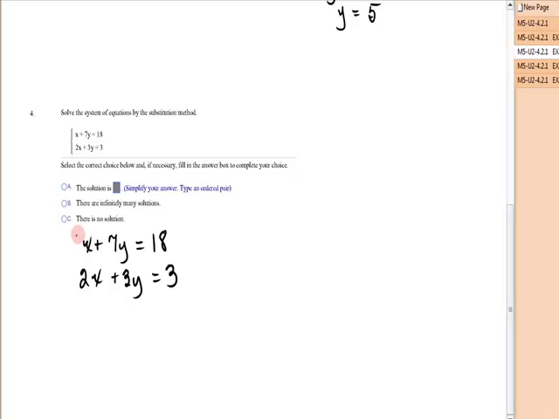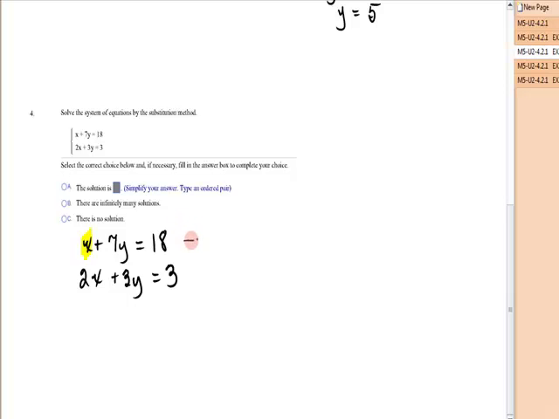So I have to either solve for one of these variables, or I have to solve for one of these variables. You will find that it is easiest to solve for a variable whose coefficient is either an implied 1 or implied -1. So I'm going to solve for this x.